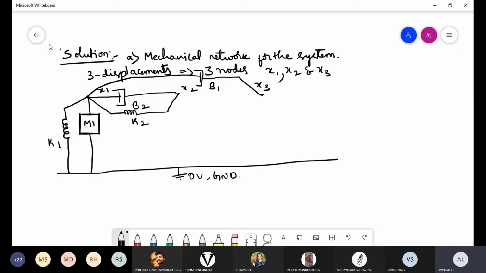Any other doubts? Any clarifications to be made? Please let me know. All of you, I want a response. Have you taken this one? Any doubt till the x1 node?